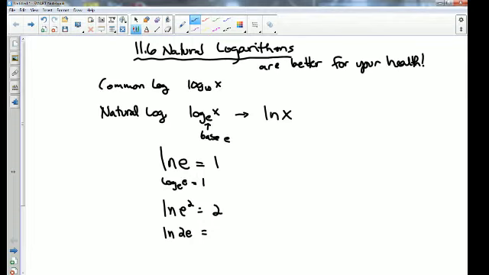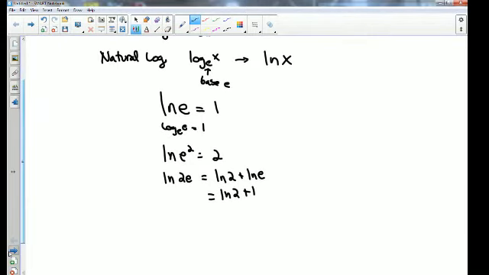They're multiplied, so I can split and add, right? Which is ln 2 plus 1. Do you know what ln 2 is? It's a number, 0.6931 and so on. Okay, and you can finish it from there, right?